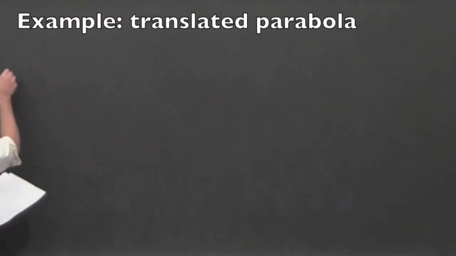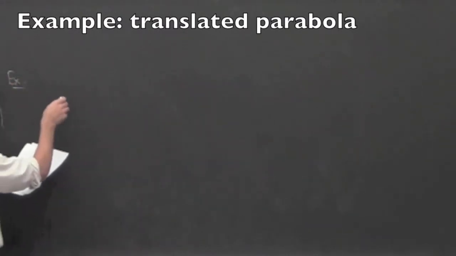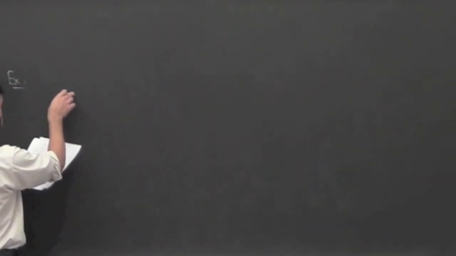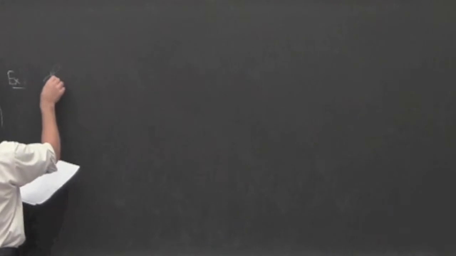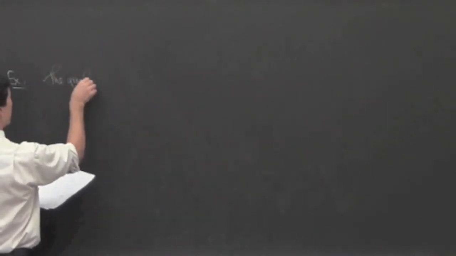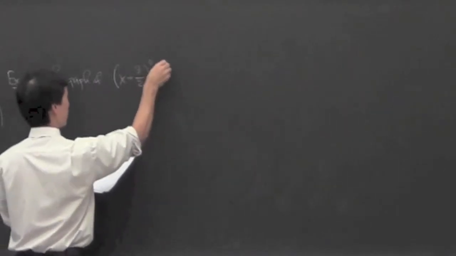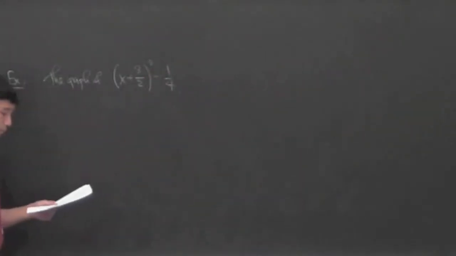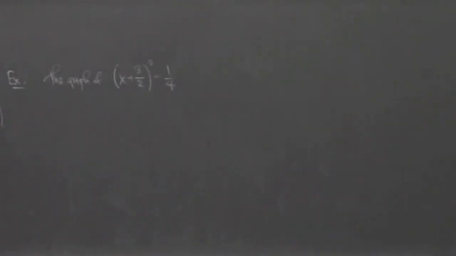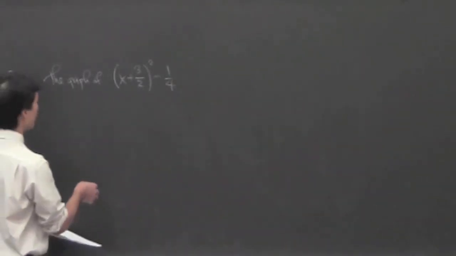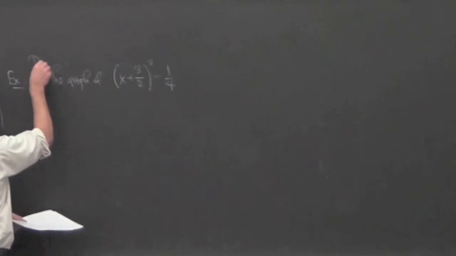Okay, so here's an example. Let's consider the graph of x plus 3 halves quantity squared minus 1/4, and somebody says, draw the graph of this.